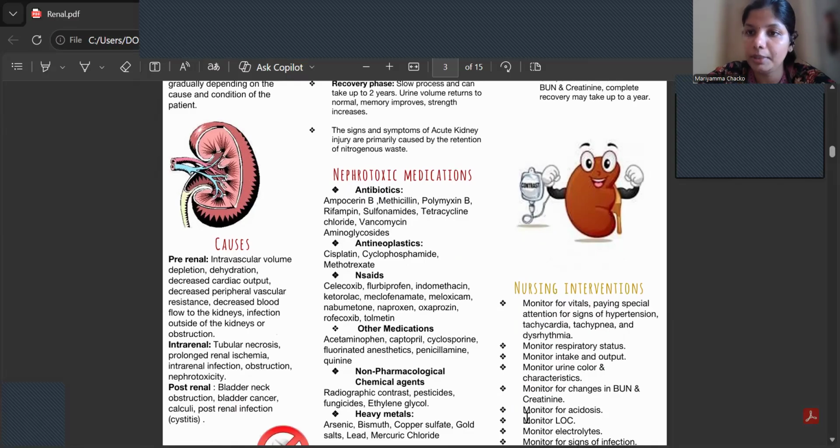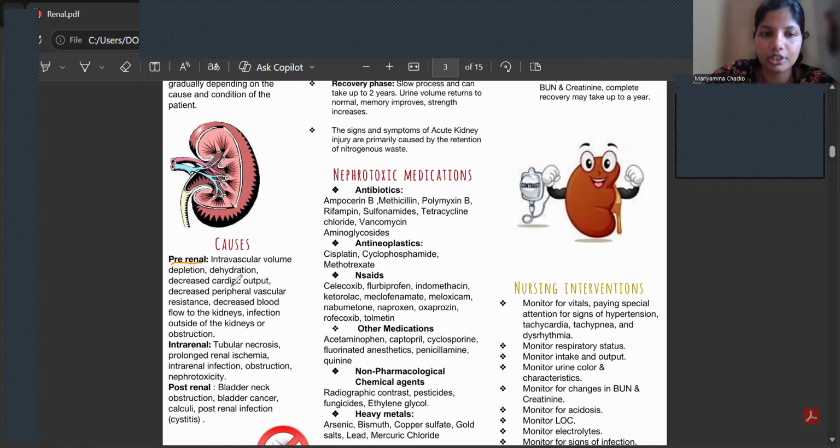Then the causes. I already mentioned how a heart problem affects the kidney. There are three causes for acute kidney injury. One is the pre-renal cause. What is the cause of pre-renal?